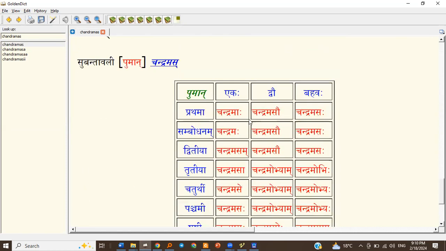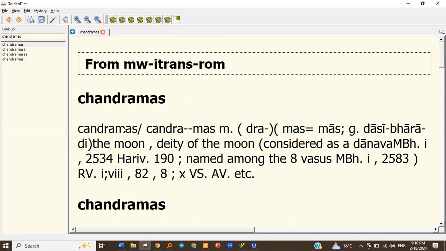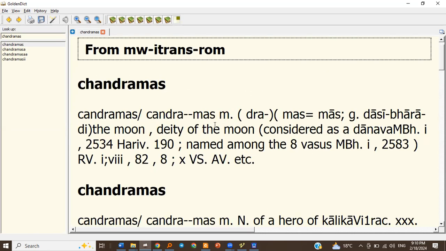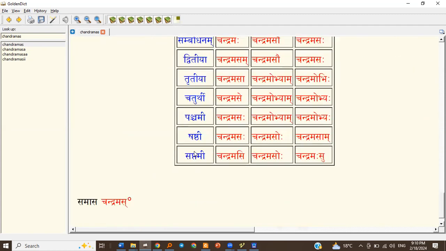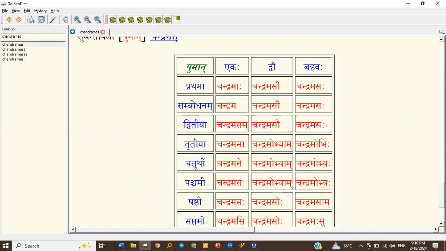Oh, I see, it's 1-1. Chandrama just refers to the moon itself. So the table is also here for Chandramas. So it's 1-1.